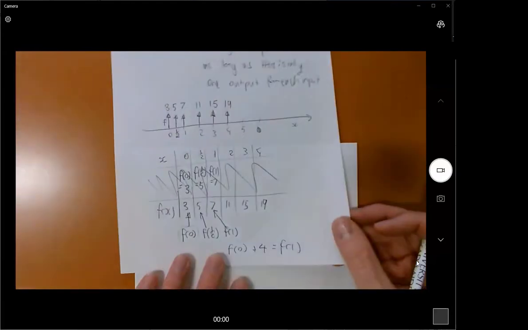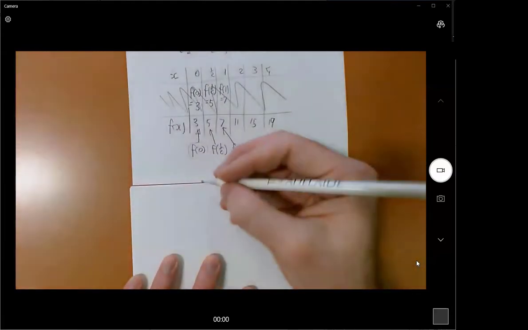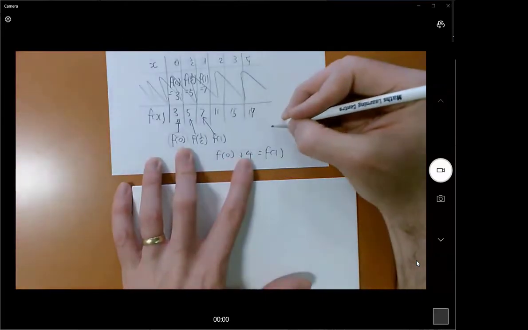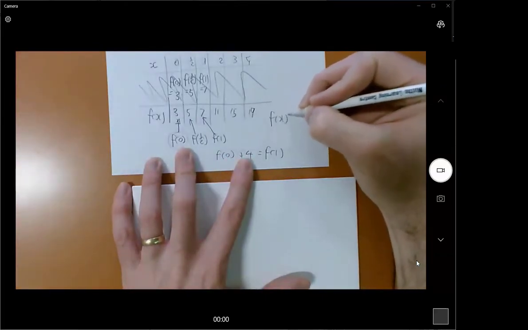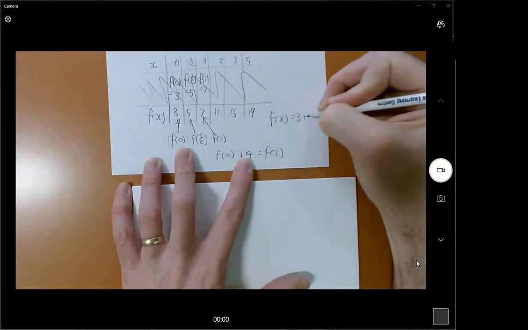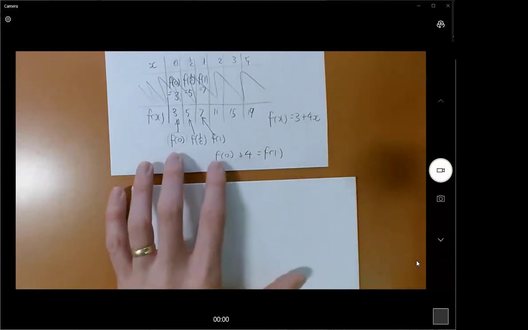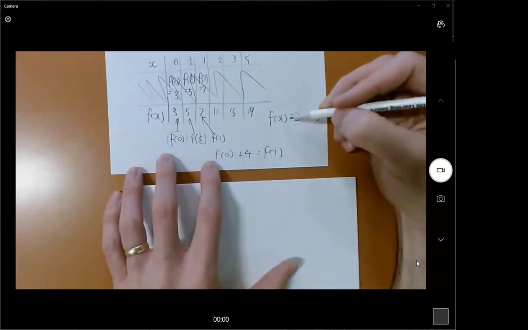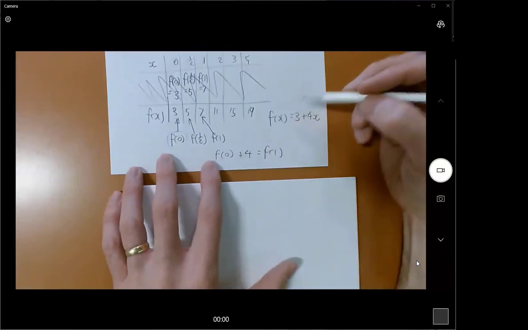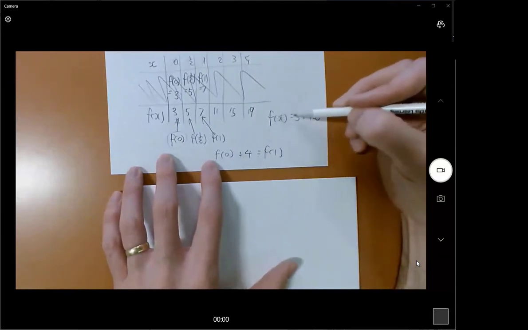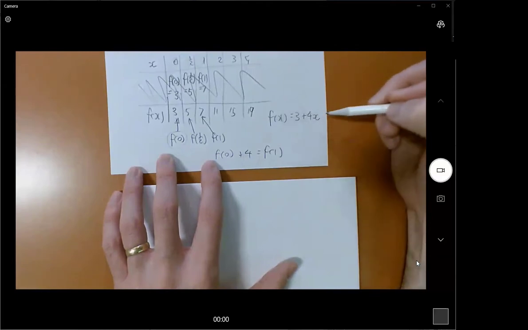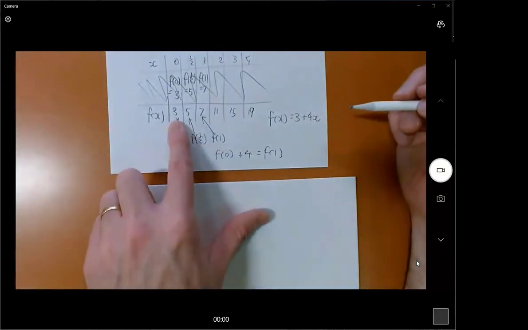This function's formula, I'll put it on the same page, f of x is 3 plus 4x. And that's saying that when I want to calculate what f of 0 is, I can say f of 0 is 3 plus 4 times 0, and that gives me the answer 3, which is the correct answer.